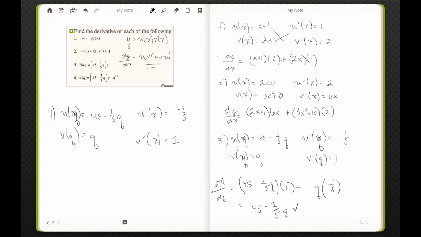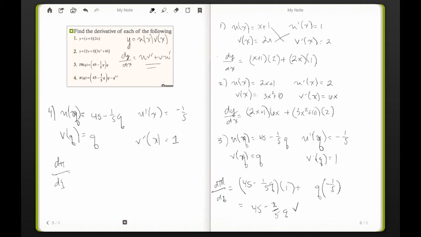So it's the same exact thing as before. The only difference between these two functions is that with the profit function, I'm actually going to use the difference rule as well. So it's a little bit longer. I need to add in another rule. So what do we get? We get d pi, the derivative of profit with respect to quantity, is going to equal the derivative of this guy minus the derivative of this guy.